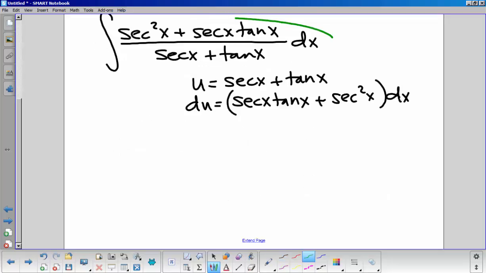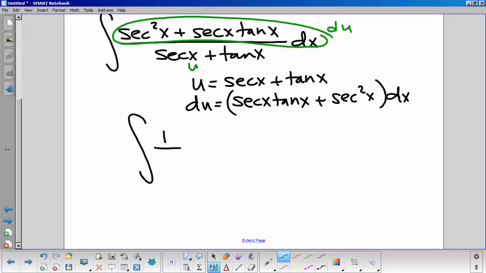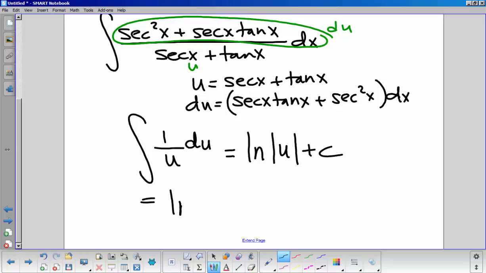This becomes our what here? du, and then this is our u down here. So then we have the integral of 1 over u du, which is just natural log of the absolute value of u plus c. So then we replace our u and we get the natural log of the absolute value of secant x plus tan x plus c.